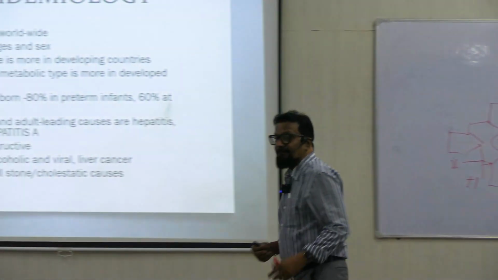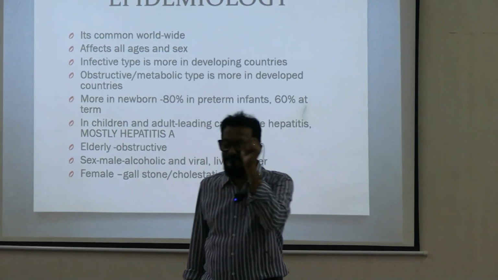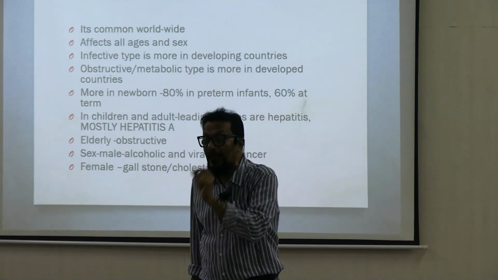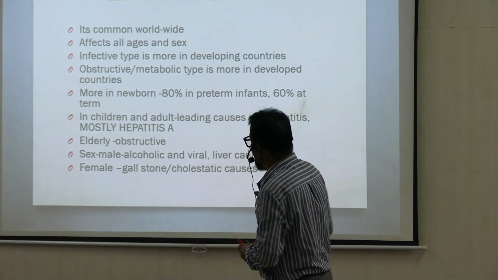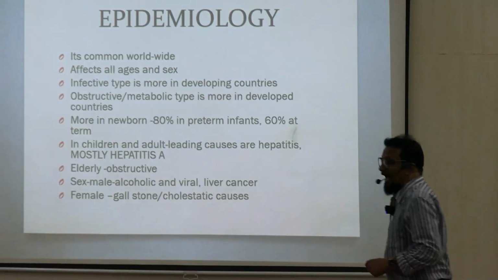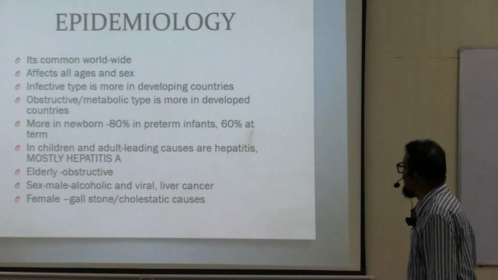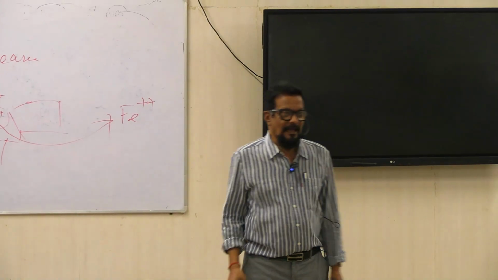Okay, in children, jaundice is mostly because of hepatitis. And this is hepatitis A, B, C, and most commonly it is hepatitis B. Okay, elderly persons suffer the obstructive type of jaundice. As for sex, males, because most males drink alcohol.